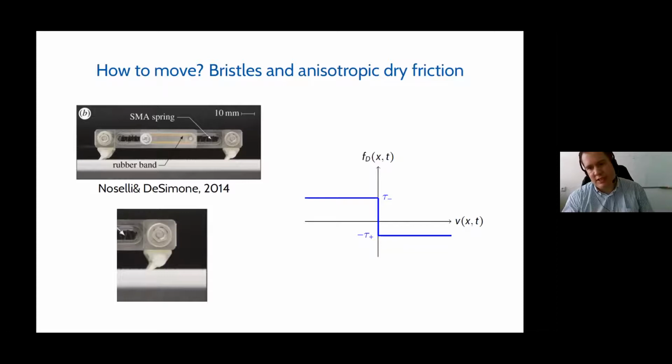So here you see on the right the friction force-velocity law. So we have a higher friction against backward movement, and a lower friction against forward movement. And this is usually obtained by putting bristles or hairs or scales on the surface of the model.